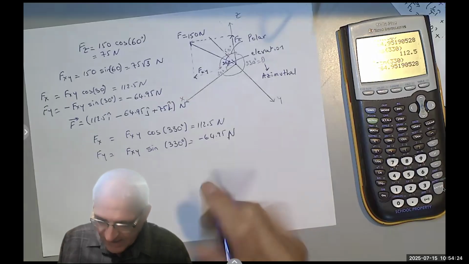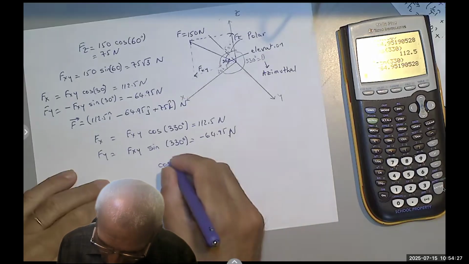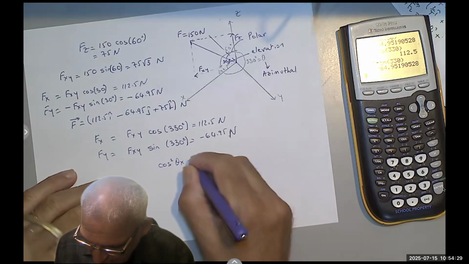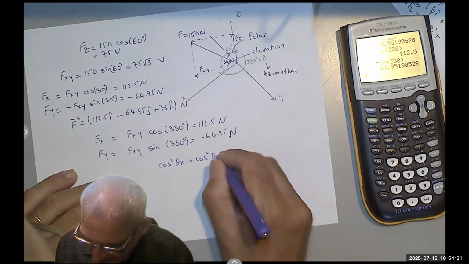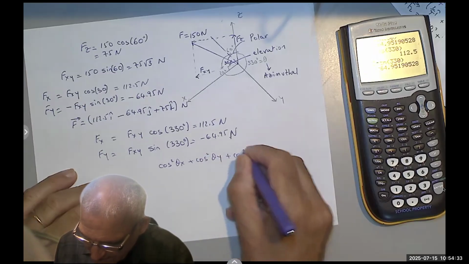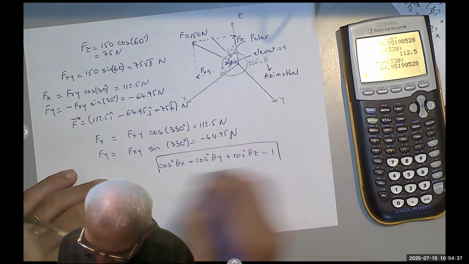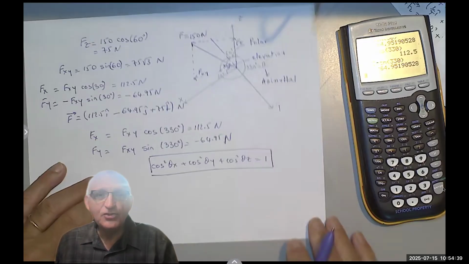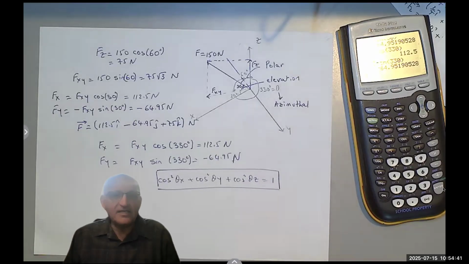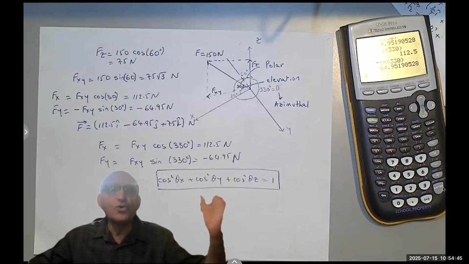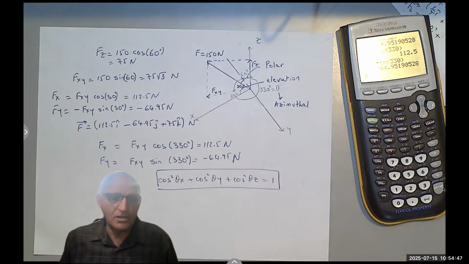Just to remind you again, that cosine square theta sub x plus cosine square theta sub y plus cosine square theta sub z equals 1. And this is a universal law that you thought you learned as a trig identity. Well, it's a much more generic law.